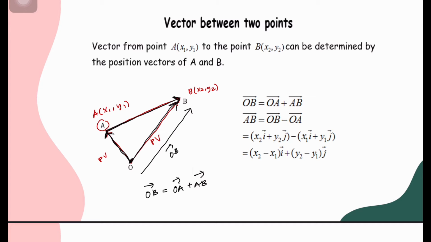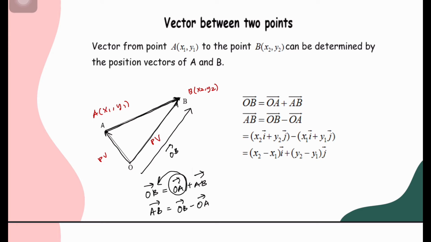Therefore, if you want to find the vector AB, from this formula you just need to rearrange. You bring OA to the left, so you will have vector AB equal to OB minus OA. This is how we can find the vector AB, knowing the position vectors OA and OB.